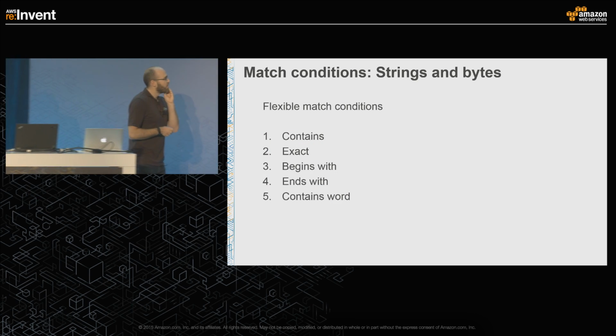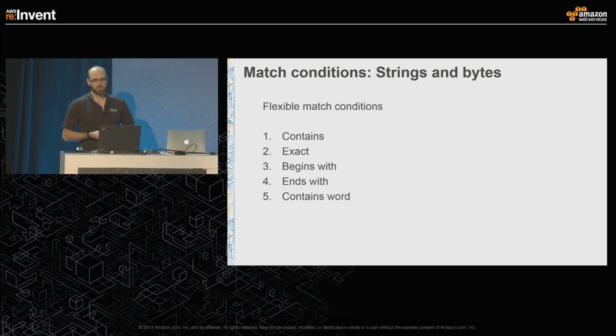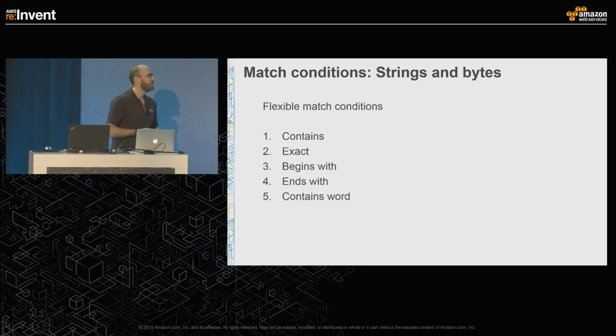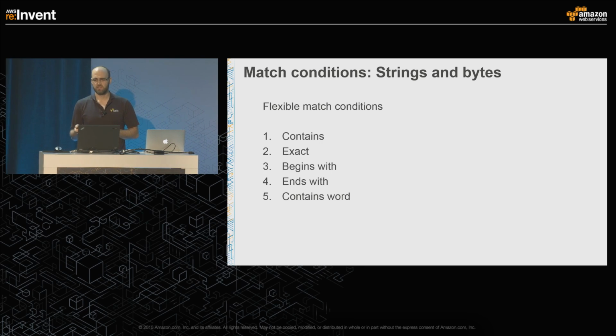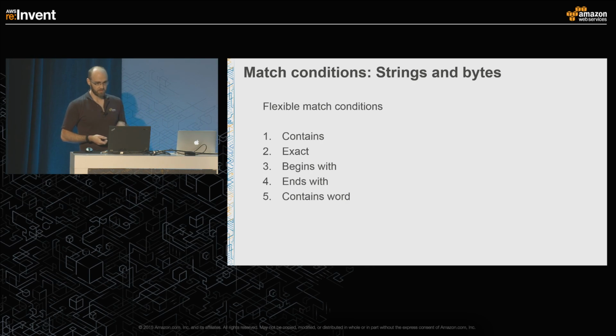Out of the gate, we support 5 different match types. The contains is the one that will probably be most frequently used because it's pretty straightforward and easy. But we gave you more than that, and we went beyond that. If you're familiar, there's an open source organization called OWASP, which publishes a list of security WAF rules called the core rule set.